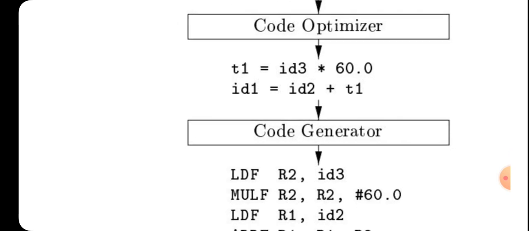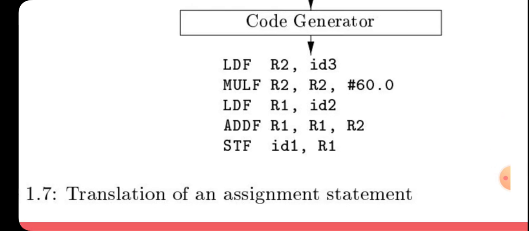The first operand of each instruction specifies a destination, where the F in each instruction tells us that it deals with floating point numbers. The above code loads the contents of address ID3 into register R2 and then multiplies it with floating point constant 60.0, where the hash signifies that 60.0 is to be treated as an immediate constant.